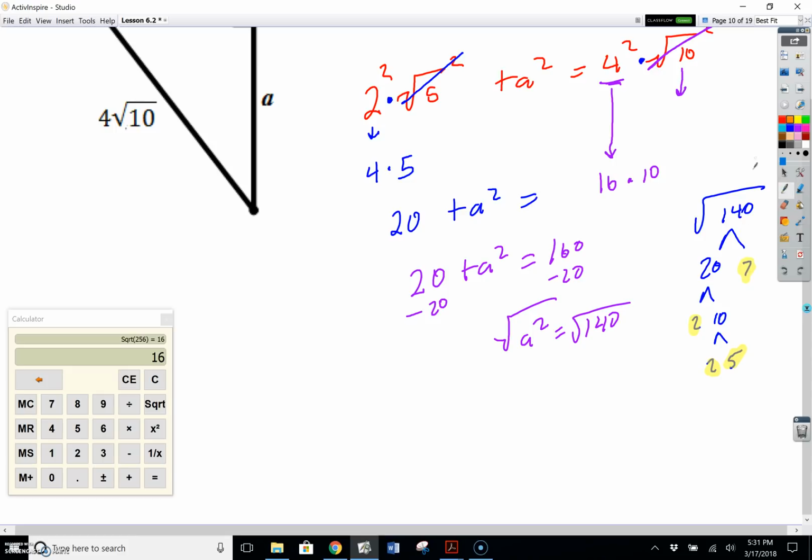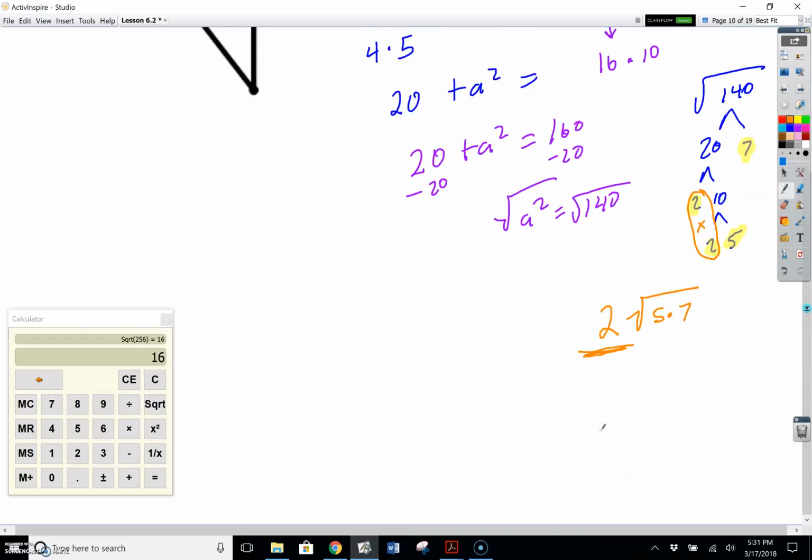I'm looking for a pair. As a quick reminder, you need 2 of a kind to take it out. So I'm only going to take out one of those. So radical 2 times 2, I can take out a normal 2. And then I am left with 5 times 7. You look outside the radical, see if there's anything you can simplify, which you cannot. So I'm just left with 2.